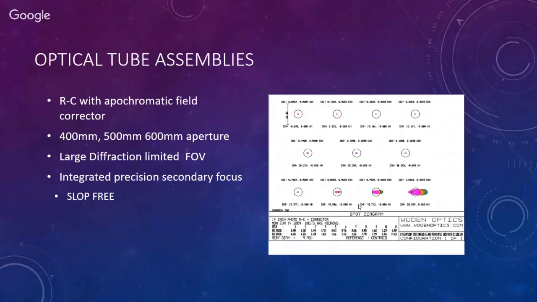And part of this design, we brought the focus mechanism out of the 32 inch that we designed, and we're bringing it down into these smaller telescopes, which is super important. We've got kind of a proprietary design that Dr. Ray actually designed.